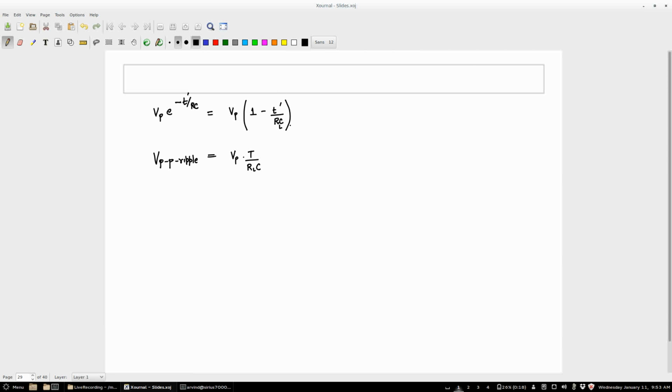It's good enough. So basically this is going to be Vp into T by R_L into C. Good enough for engineers.